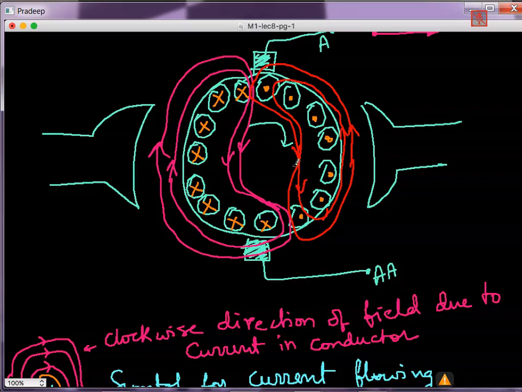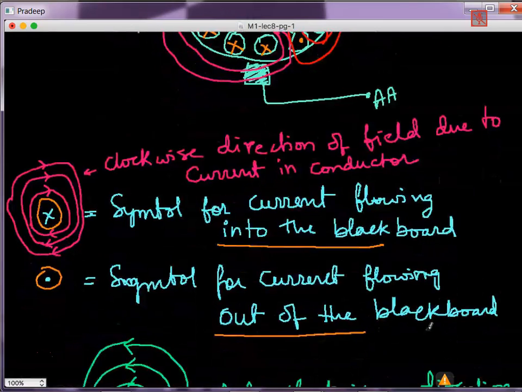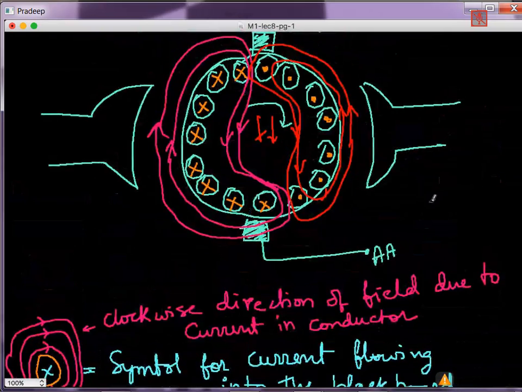If you look at the core of the armature, the field is always downwards inside the core. So the resultant magnetic field is like this. We call it FA because this is downwards.